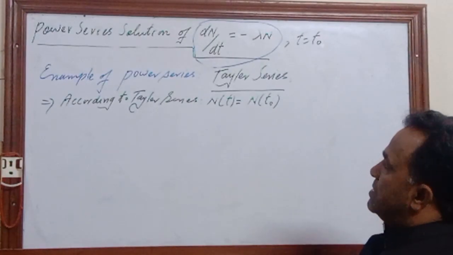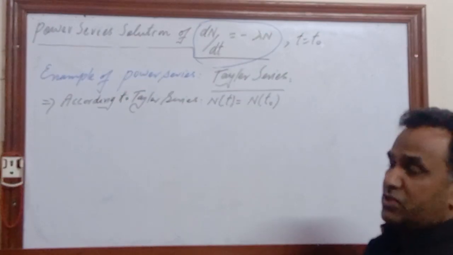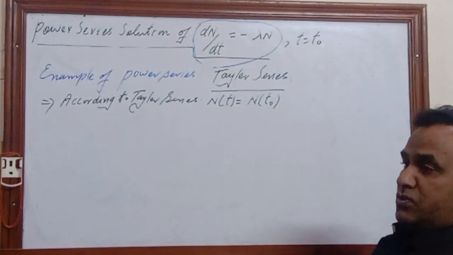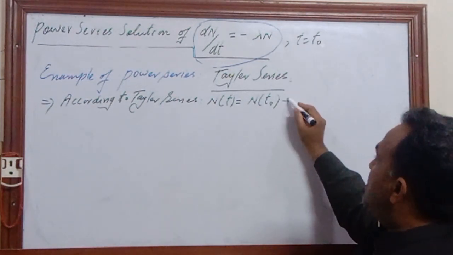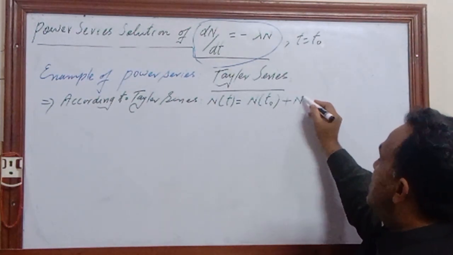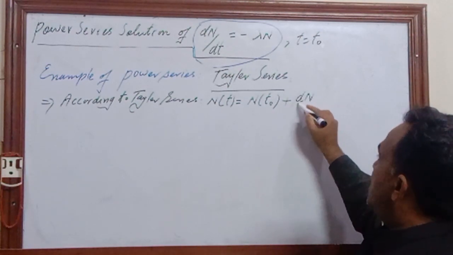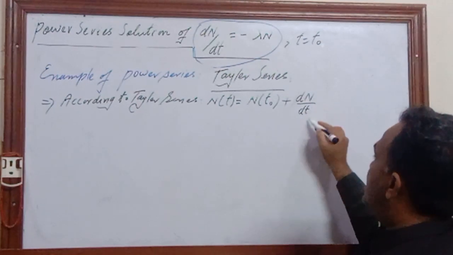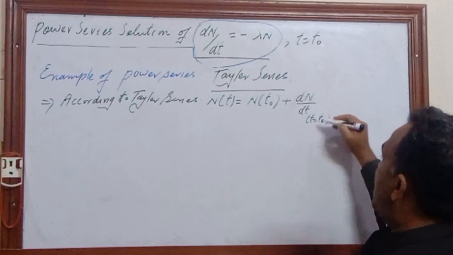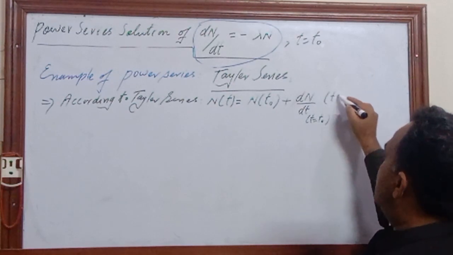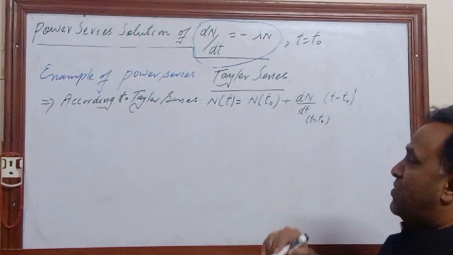The Taylor series takes a general value of the independent variable about which a power series solution is found. This is N of t naught plus N dash, which instead of writing N dash we write dN by dt at t equal to t naught, and here t minus t naught is written bearing the power 1.